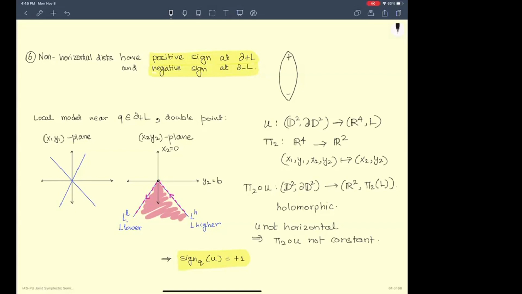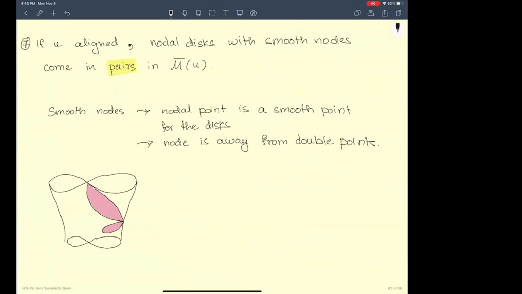Okay, so now we're going to start putting things together. But before that, let's talk about this aligned business and also talk about breaking in the interior of the Lagrangian. Okay, so my claim is if u is aligned, whatever that means, nodal disk with smooth nodes, so nodes inside the interior of the tangle come in pairs.